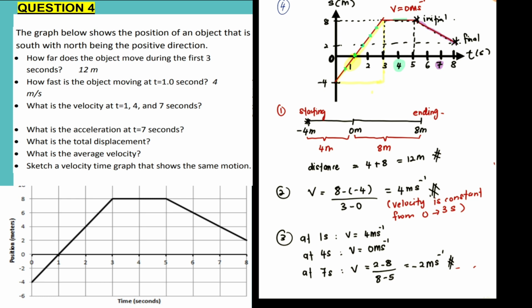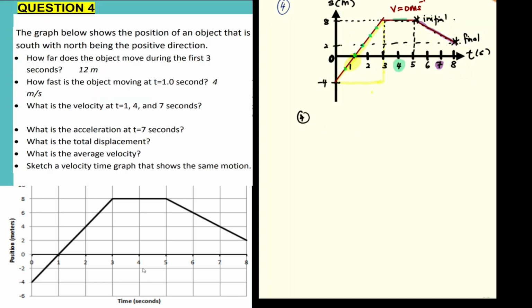Okay, next. What is the acceleration at t equal to 7 seconds? Okay, the acceleration. Alright, so as we know, from 5 to 8 seconds, the velocity is constant.